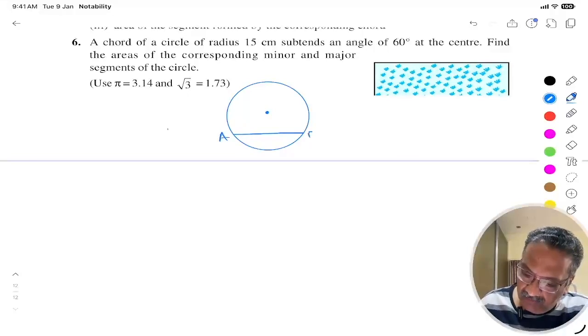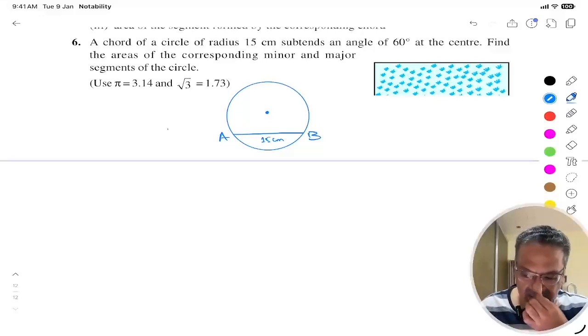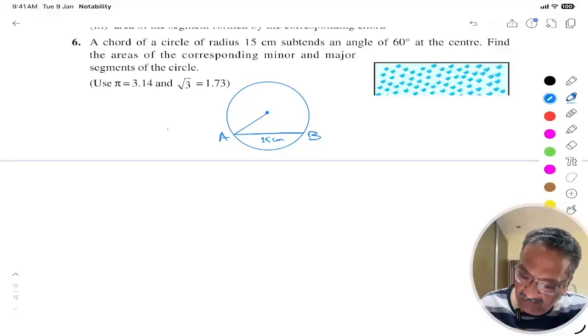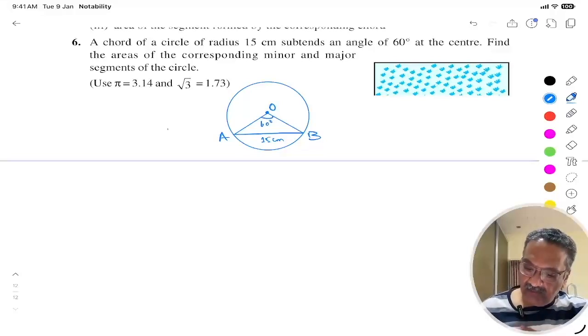We have a chord AB which is equal to 15 centimeter. Now this chord subtends an angle of, I'll call the center as O, this is 60 degree. Now find the areas of the corresponding minor and major segments of the circle.